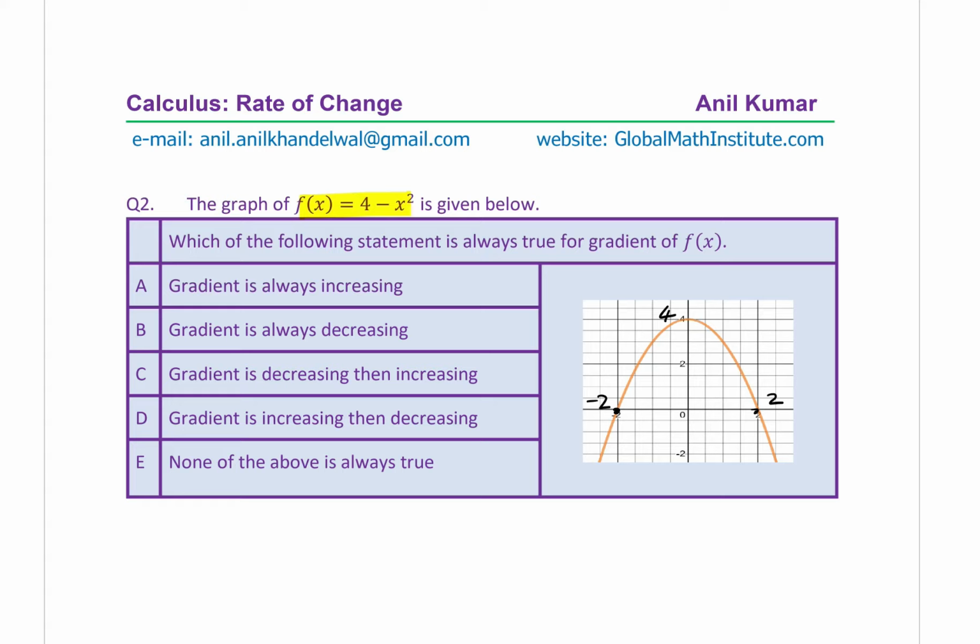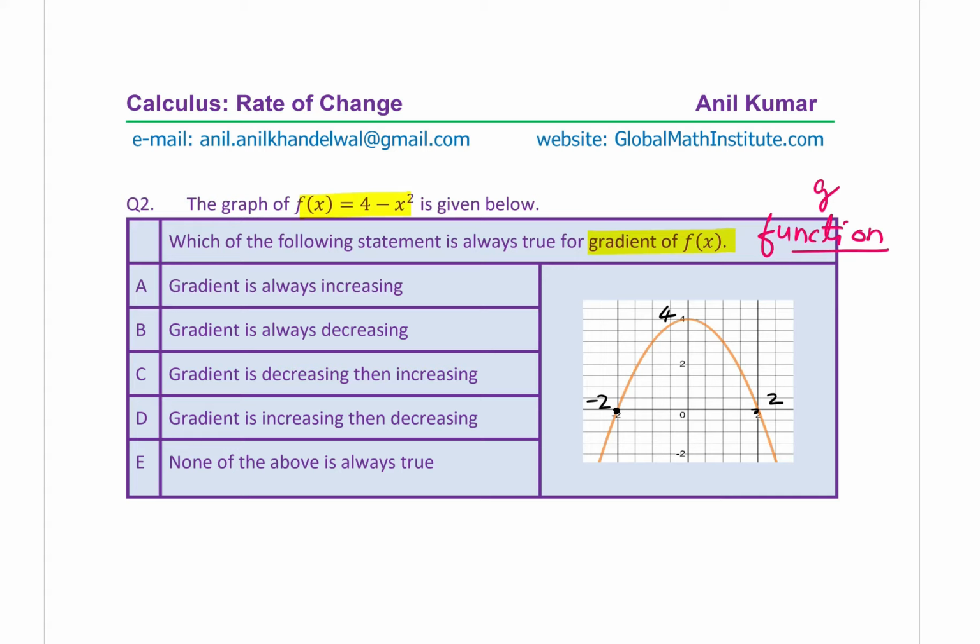Remember one thing, the gradient of f of x is a function itself, right? So when we say gradient of f of x, we're talking about a function. It is not a point, it is not a value, it's a function. Is it clear? That is what g is. g is also a function of x.